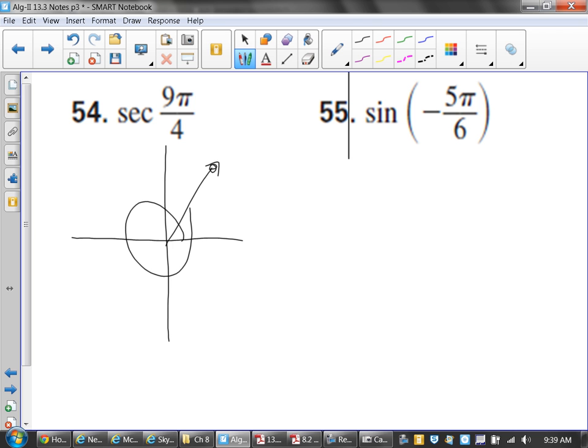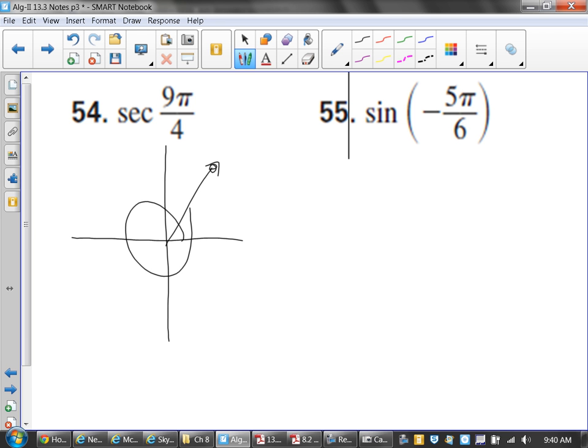So your first quadrant, and what's nice about first quadrant is that everything's positive, but also since you're at a 45, it's the same exact answer for sine and cosine. So if you just remember that sine and cosine are the same value for 45s, what's it going to have to be? Root 2 over 2.